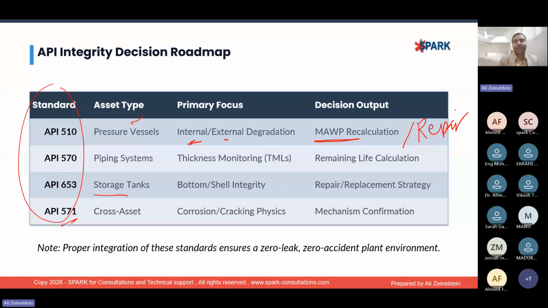This proper integration between the standards ensures zero leak or a zero accident plant environment.